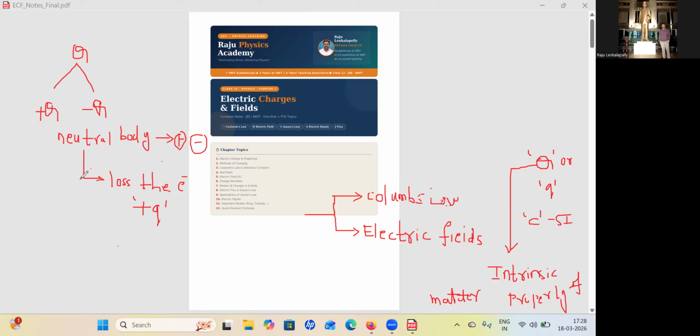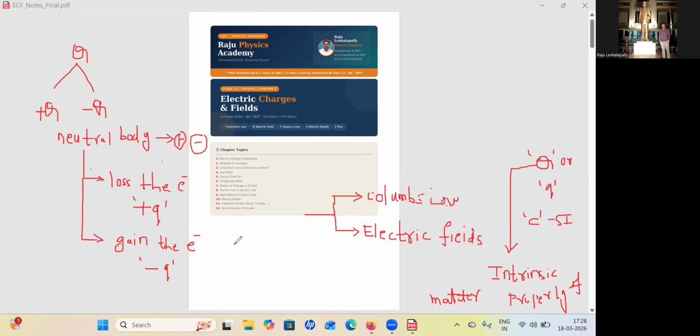If the neutral body gains electrons, that body acts as a negative charge. So this is the way of obtaining positive and negative charge.